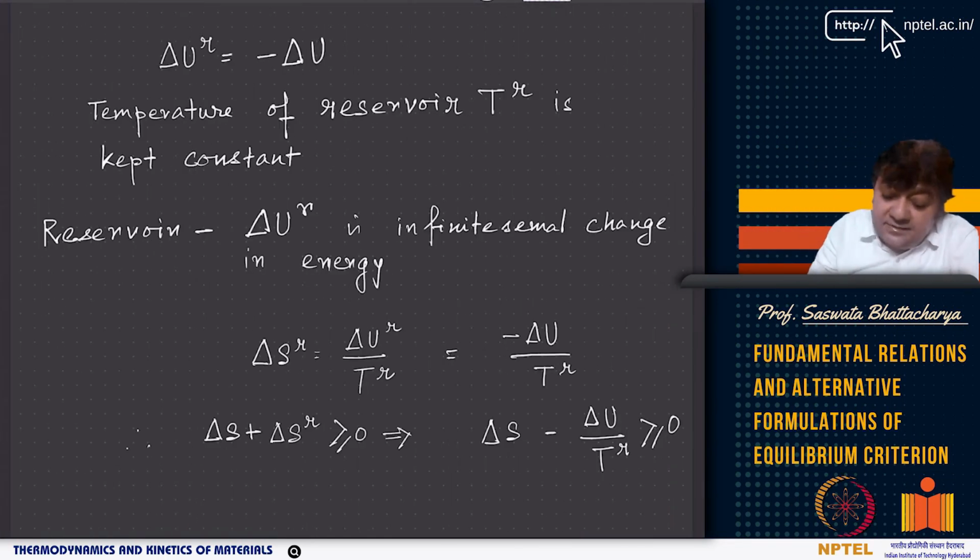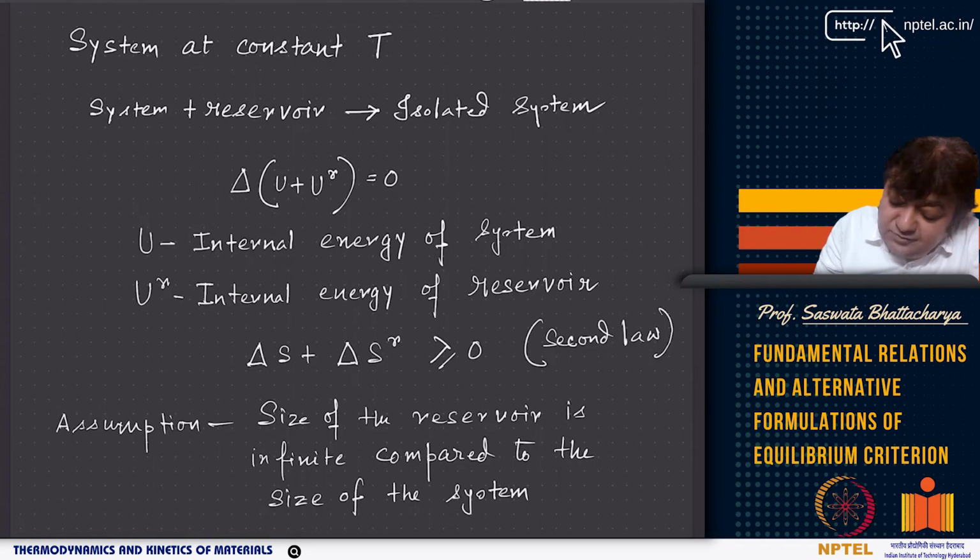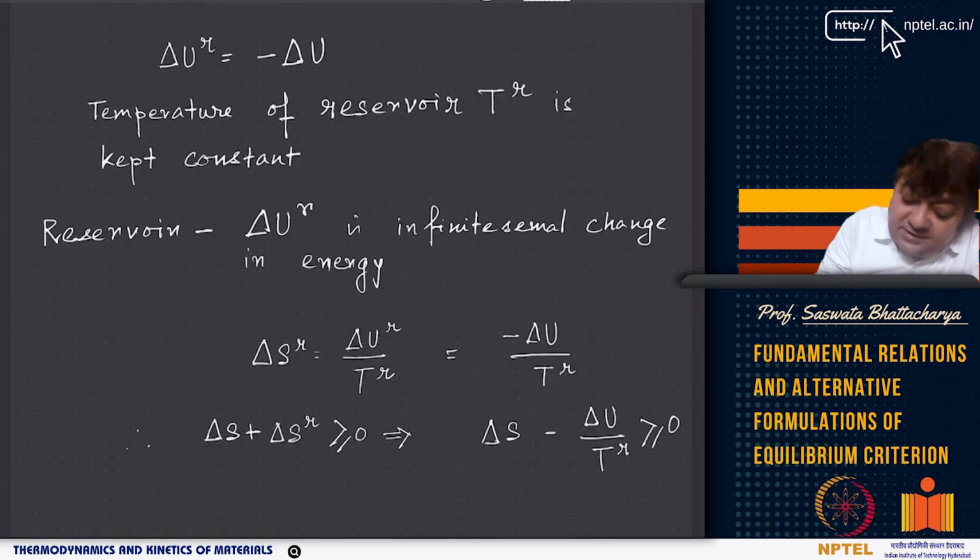So if delta U plus delta UR equals 0, this means the change in the internal energy of the reservoir equals minus the change in the internal energy of the system. But the temperature of the reservoir is kept constant.